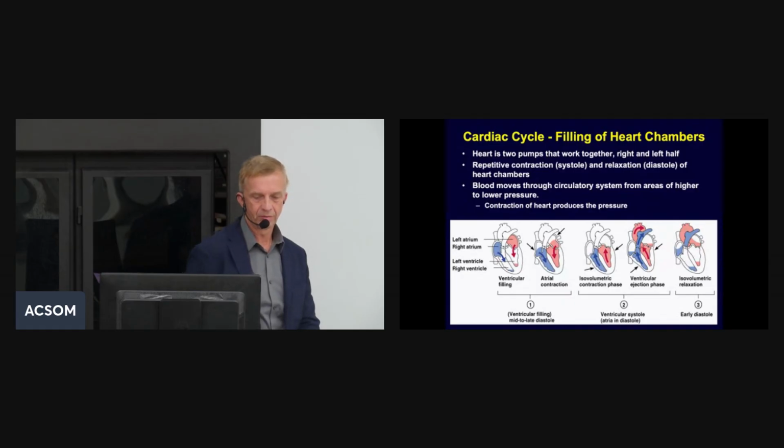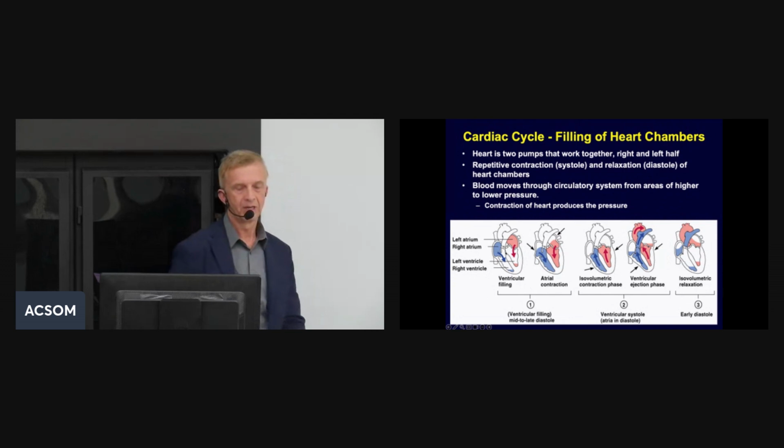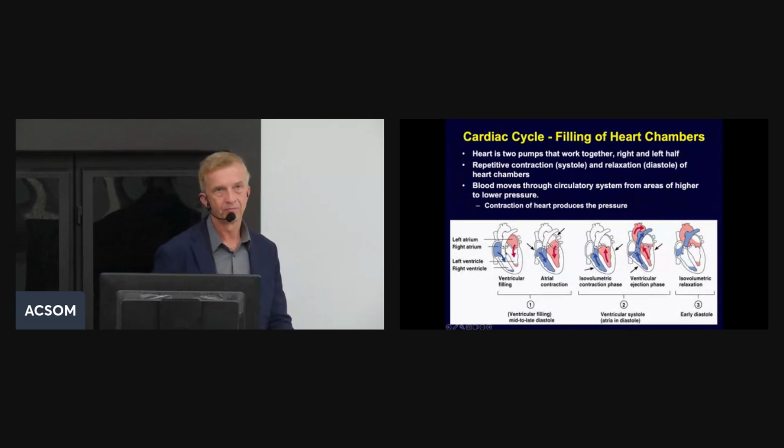It's the initial part of the early diastole. And what happens after that? Basically, the whole cycle is repeated. Increased pressure inside the left and right atrium opens the mitral and tricuspid valve, and the cycle repeats.